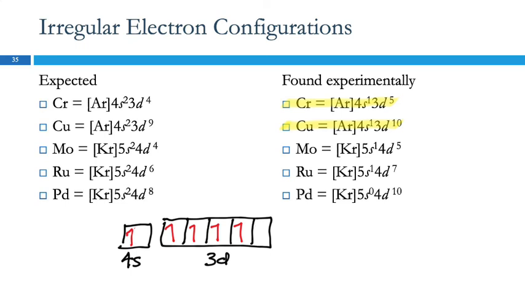Well, what about copper? Well, copper's got 11 electrons. So here we've got the 1, 2, 3, 4, 5, 6, 7, 8, 9, 10, 11. Well, this is another situation where this electron is going to be over here instead.